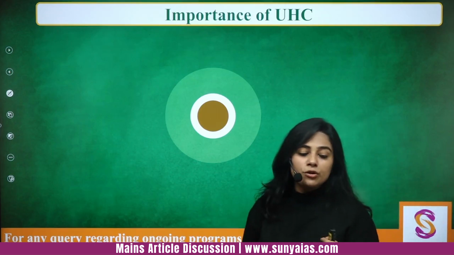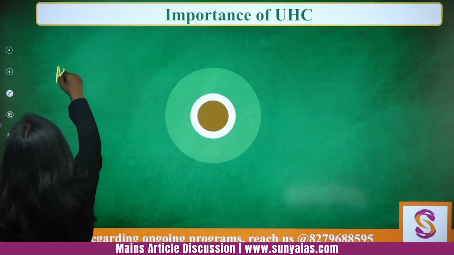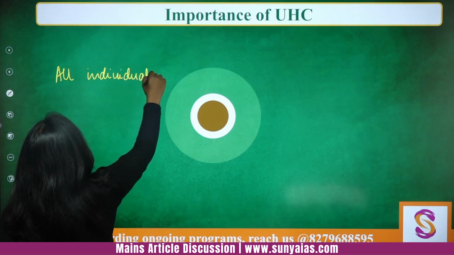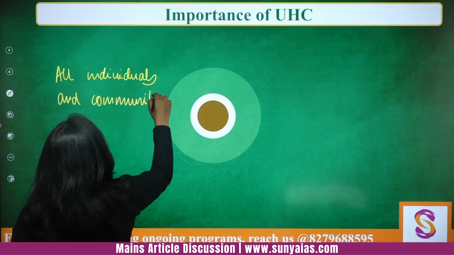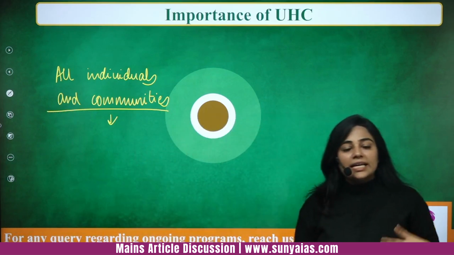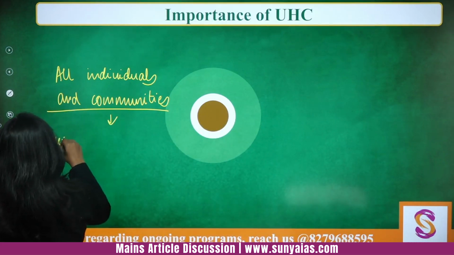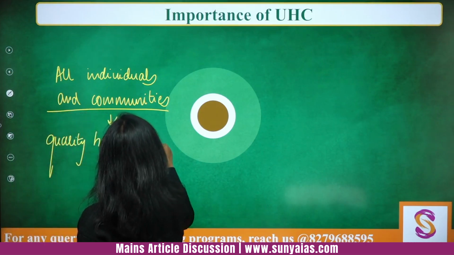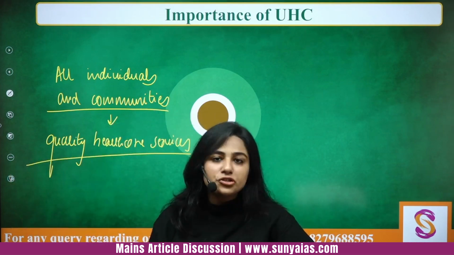Before the importance of universal health coverage, let's just finalize a very good definition for it. Universal health coverage means that all individuals and communities, just write this down, there are some keywords to all definitions, so all individuals and communities can obtain quality healthcare services at all levels. So primary, secondary, tertiary level.